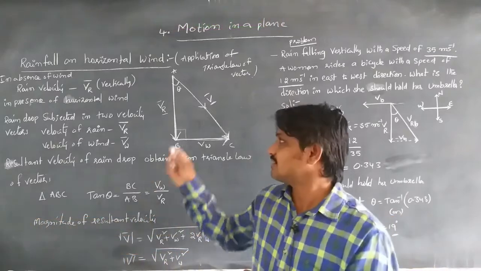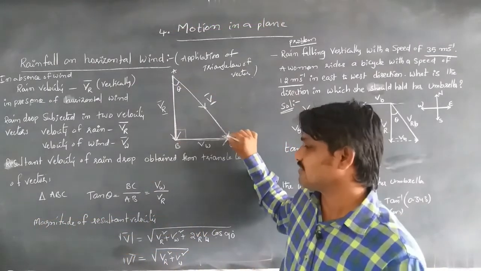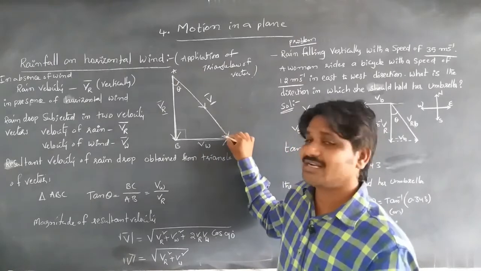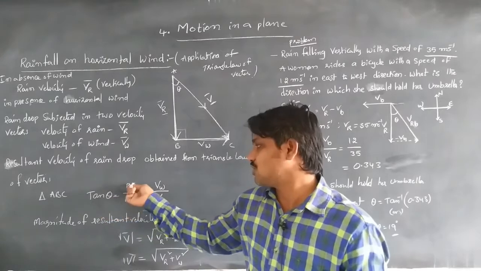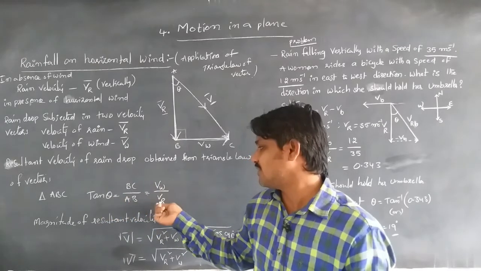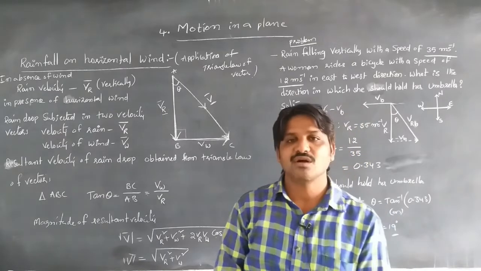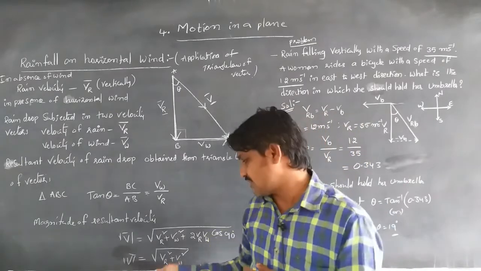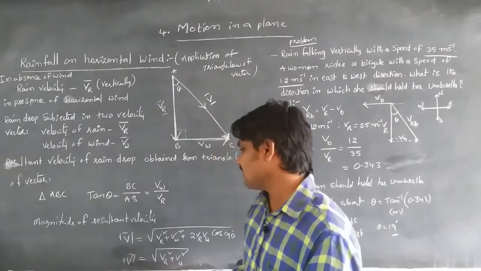From the equation, tan theta is equal to BC by AB, that is Vw by Vr, and the magnitude of the resultant velocity V is equal to root of Vw square plus Vr square.